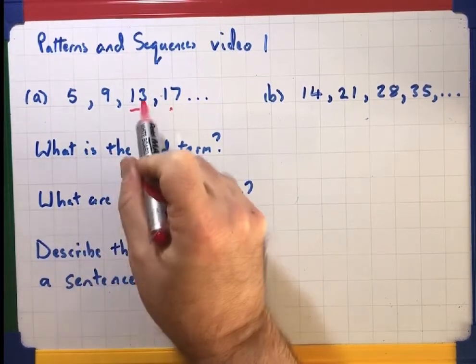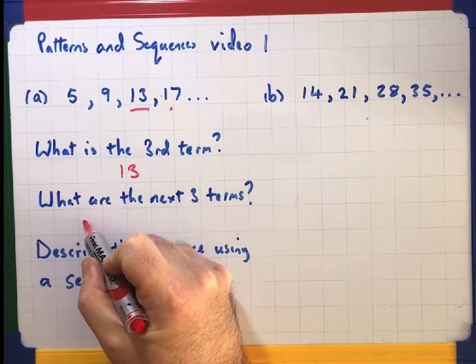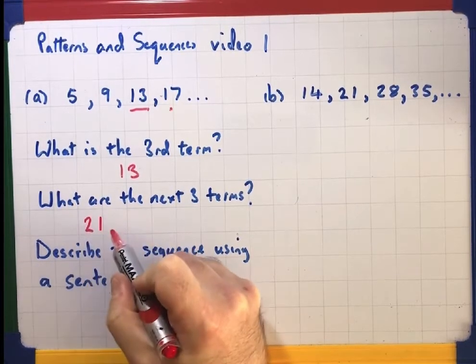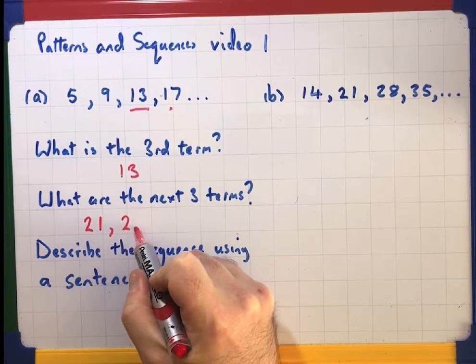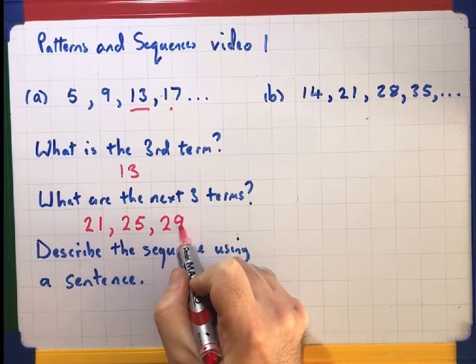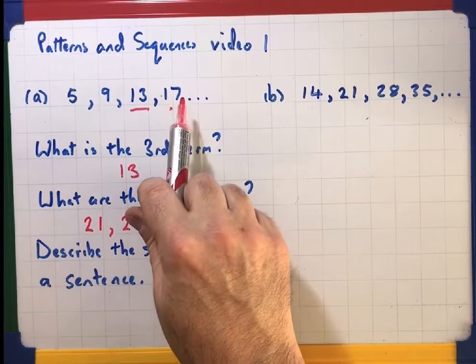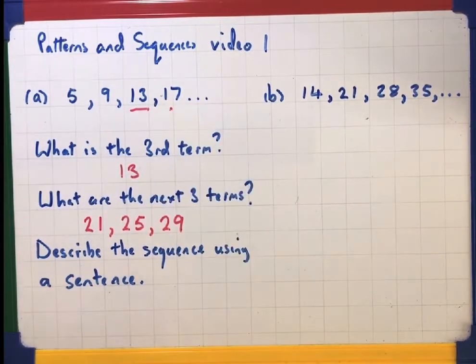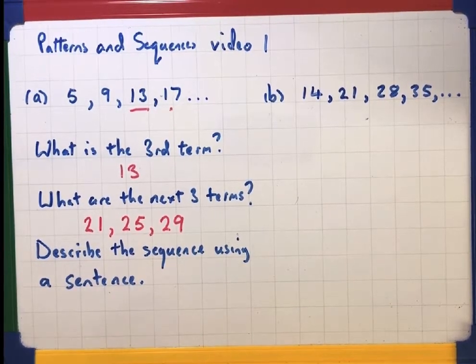So if I'm going to continue that, 17 plus 4 would be 21. 21 plus 4 would be 25, and 25 plus 4 would be 29. So that would be the next three terms, which means the next three numbers in that list, because we were adding 4 each time. And it says, describe the sequence using a sentence.